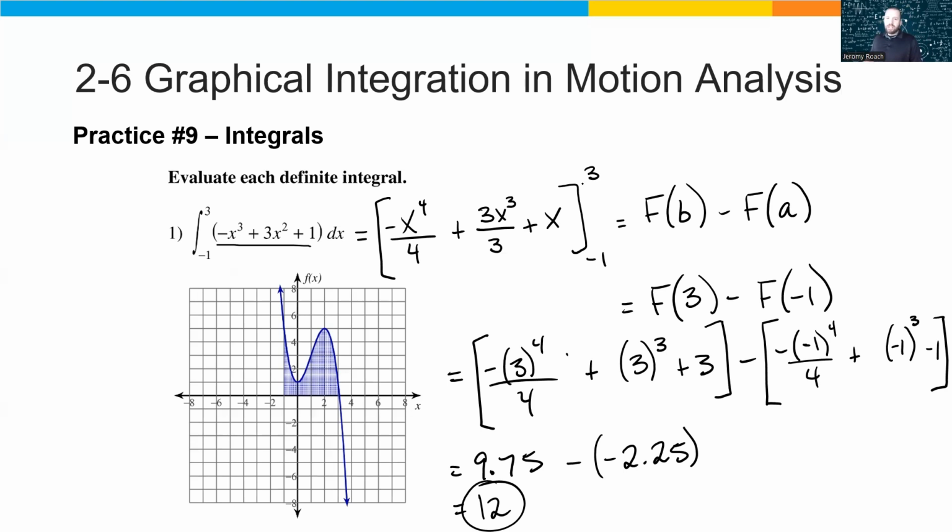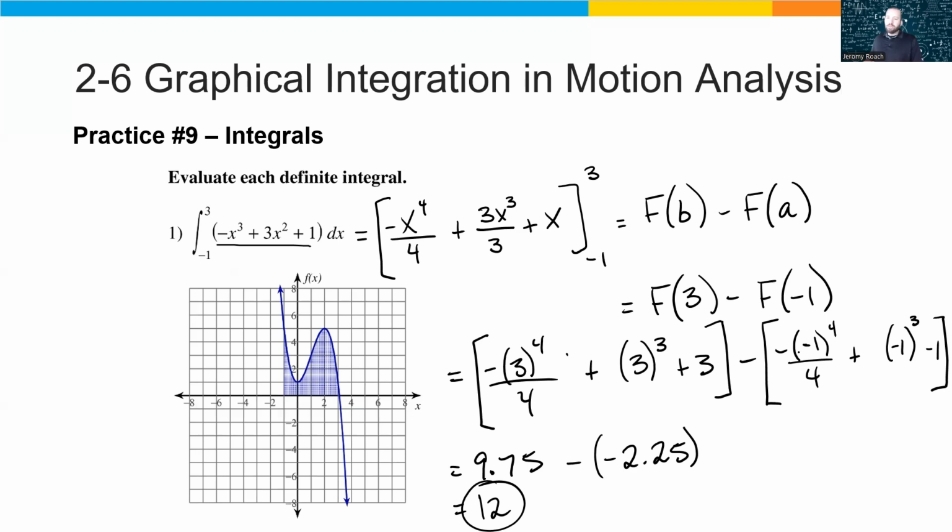So we're going to plug in 3 for x. We plug in 3 for x. We get 9.75. All we're doing is we're just plugging in that value for 3 and finding what the value is when x equals 3. So what the integral is when x equals 3. And then the same thing for when x equals -1.